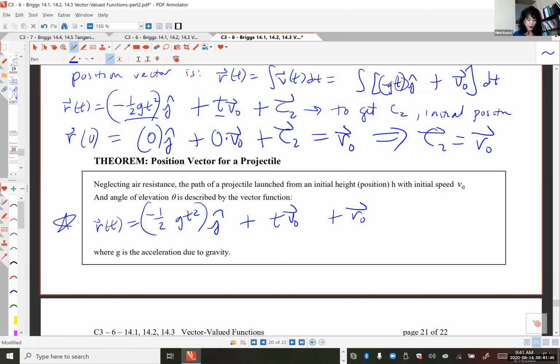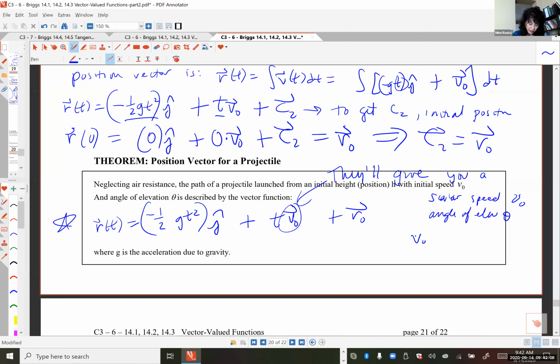Usually what they're going to do for you is they won't give you this initial vector. So usually they'll give you a scalar speed, which I'm going to write like that, v naught. That's a magnitude. And then the angle of elevation, which will be theta.